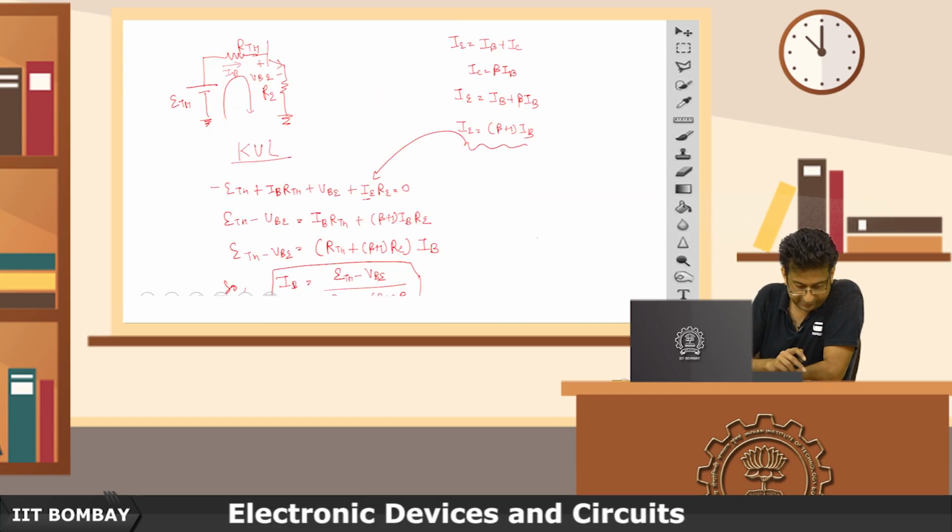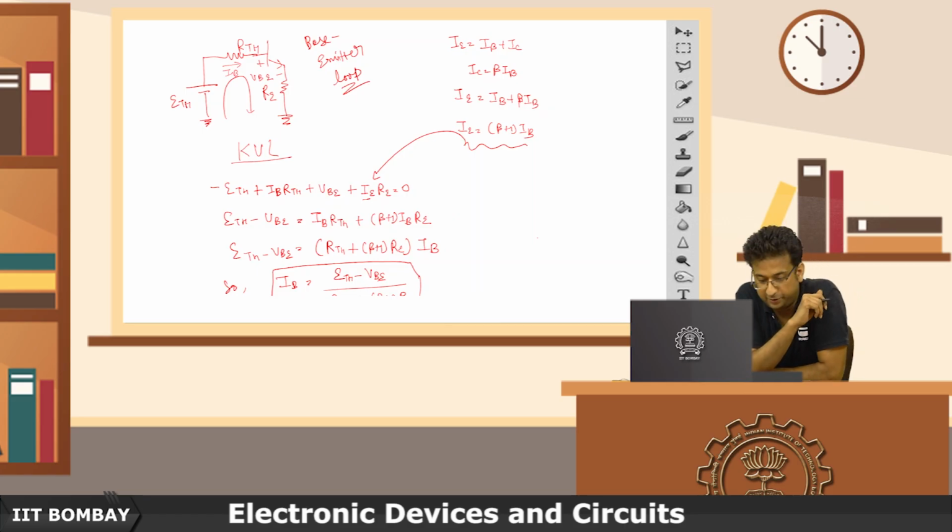Using this equivalent circuit, we have just applied the KVL in the base emitter loop, and we have calculated simply the current IB, the base current.